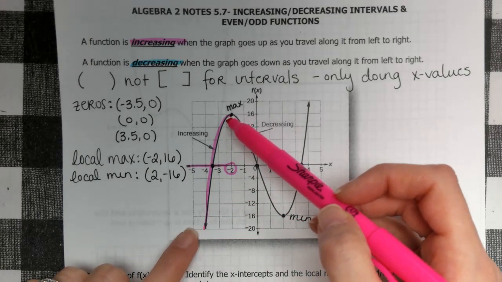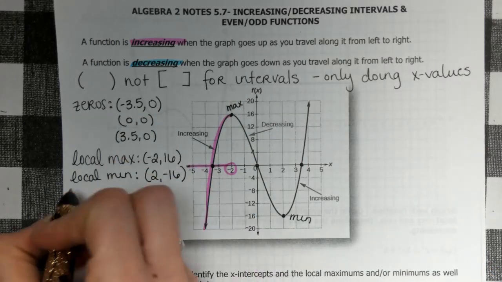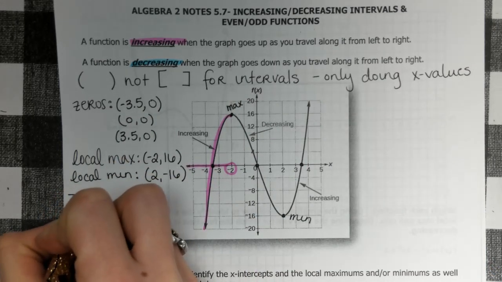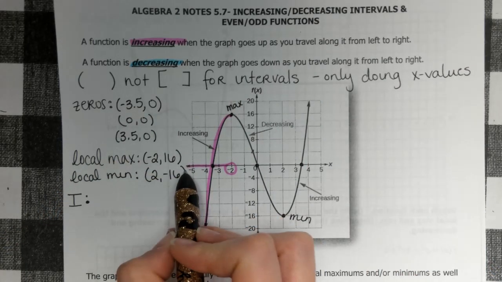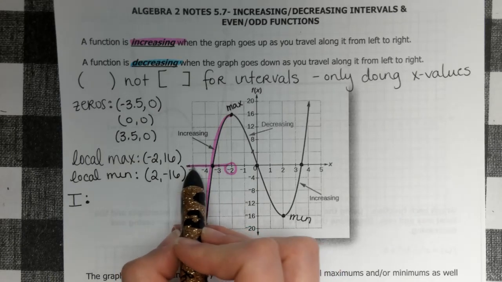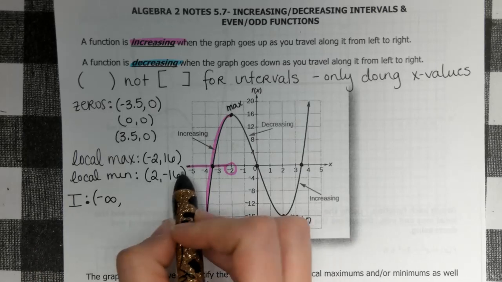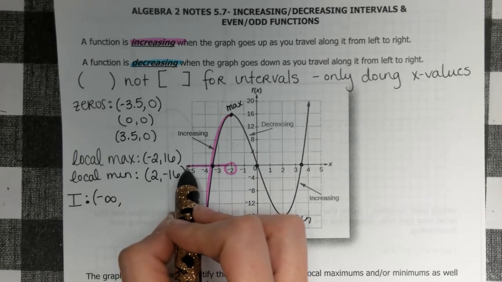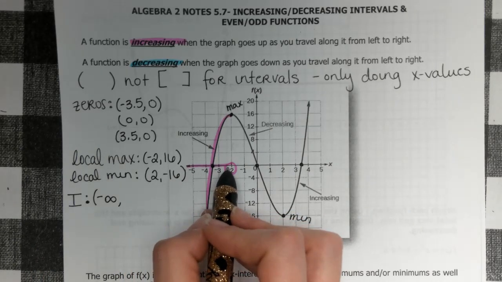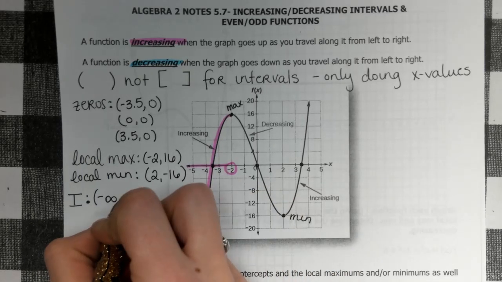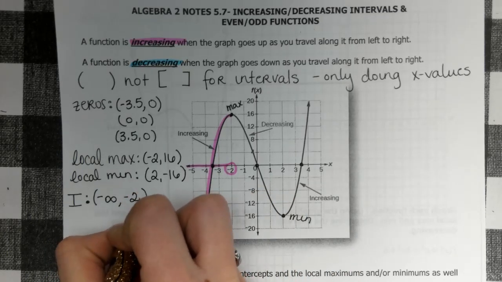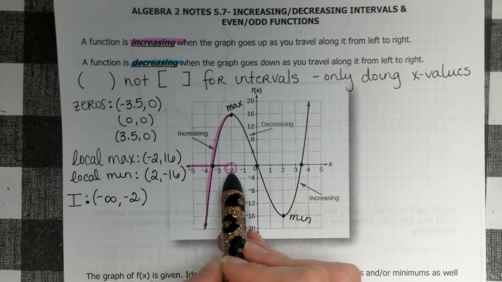The interval on which it's increasing, so I'm going to put an I for increasing, you're looking at your x's. So that would be negative infinity, because it goes on all the way to the left, all the way up to what x value? Negative 2. Okay, so intervals are x values.